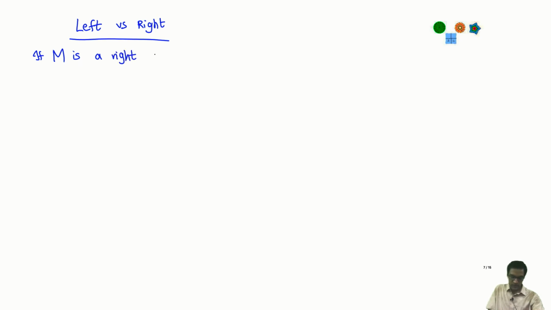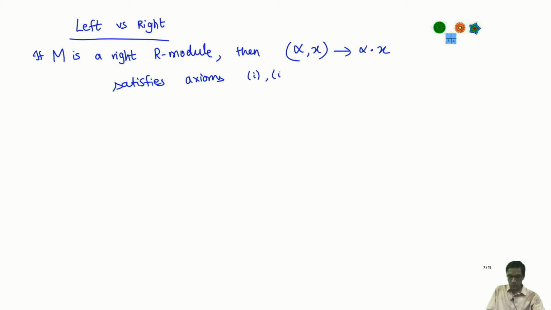If M is a right R module, then the scalar multiplication map alpha, x mapping to alpha dot x satisfies axioms 1, 2, 4, but instead of 3 it satisfies axiom 3 dash, which says the product alpha beta on x should be beta acting on alpha acting on x.